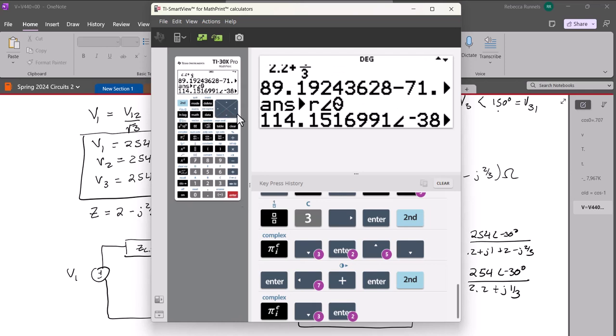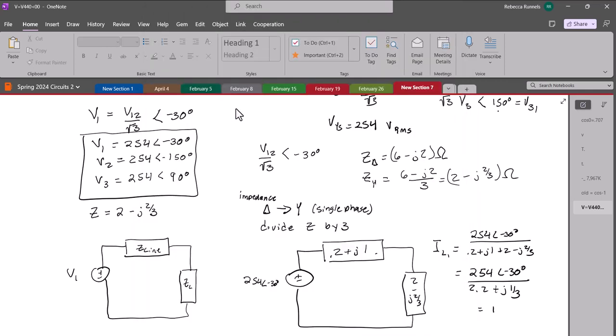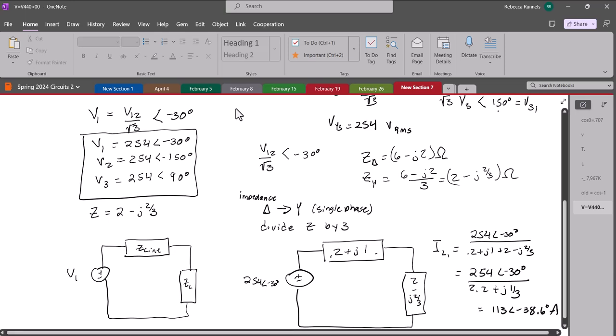And so that gives me 114 angle negative 38.6. That's a current, so that would be amps.